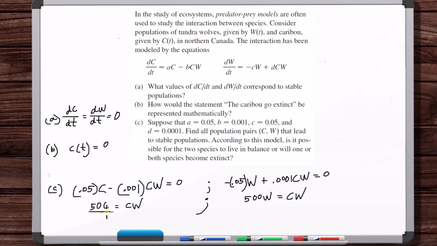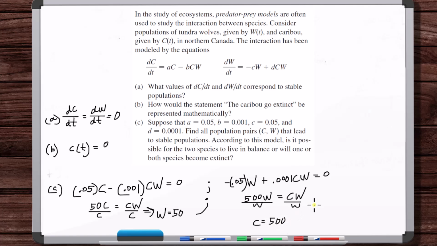So we can divide both sides by C. So W is equal to 50. And if we divide both sides by W here, you get C is equal to 500.